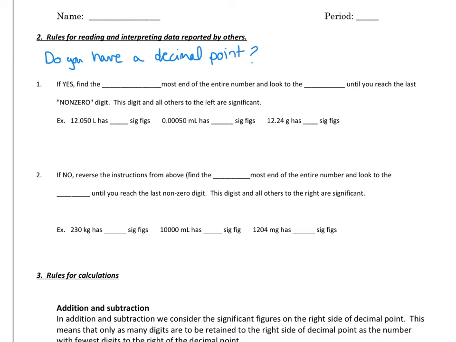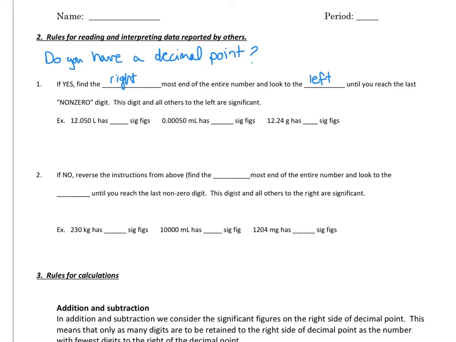If the answer is yes, then you find the rightmost end of the entire number, and since you're at the right, you're going to look to the left until you reach the last non-zero digit, the last digit that's not a 0, so anywhere between 1 and 9. This digit and all the others to the left are going to be significant.